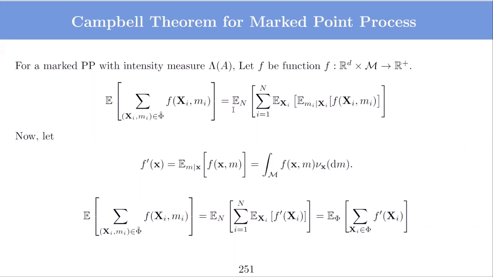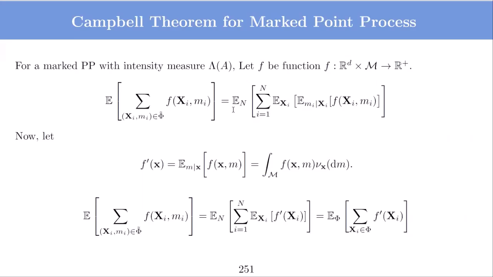If you recall Campbell theorem, there we said that the expected value of the summation of the function f(xi) over all points is given as the integration over x of f(x) into capital lambda dx. Here, because it's a marked point process, each point has a coordinate and its mark.